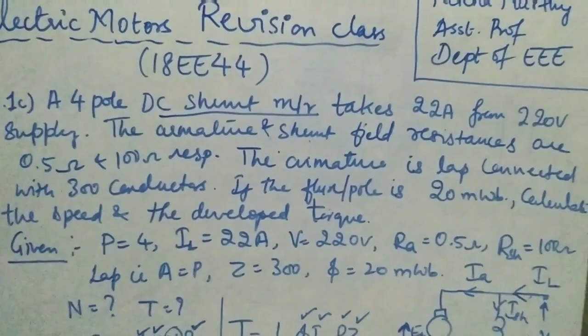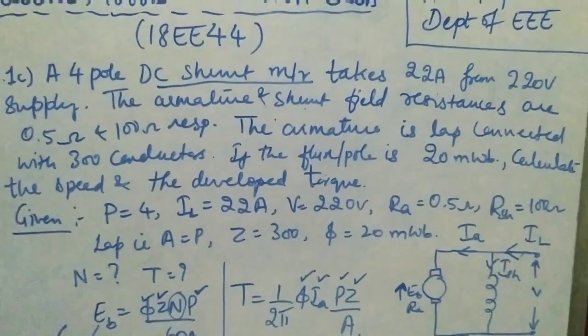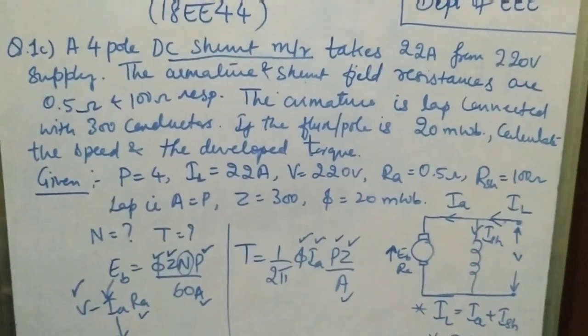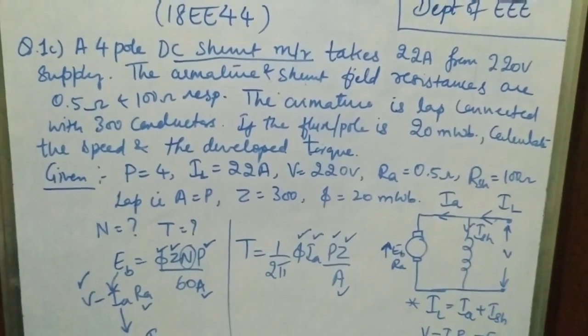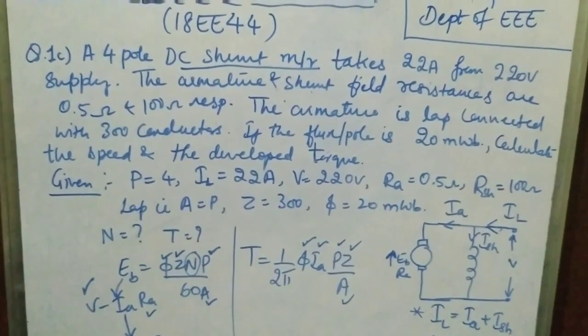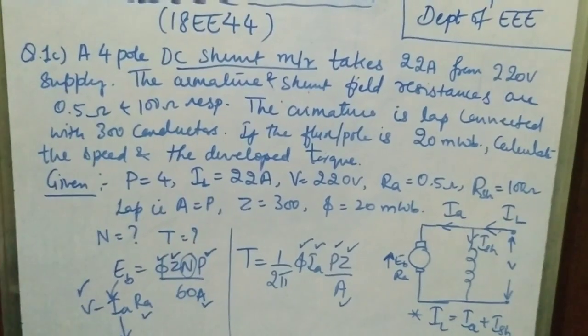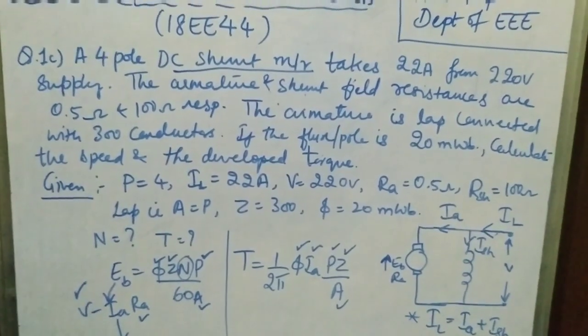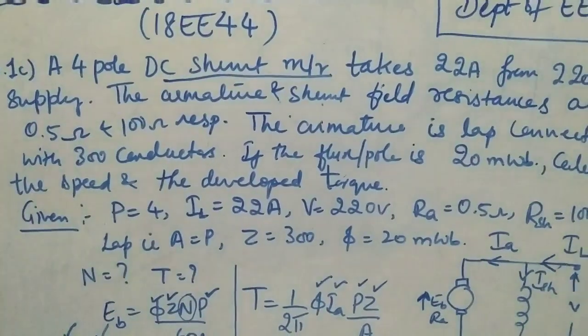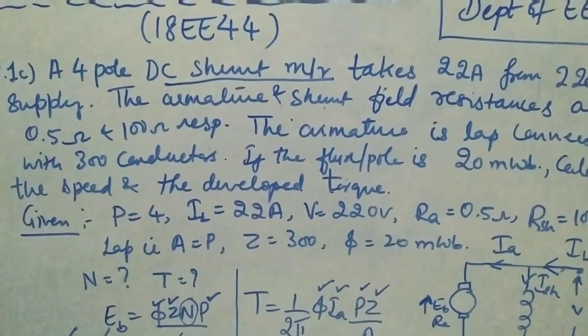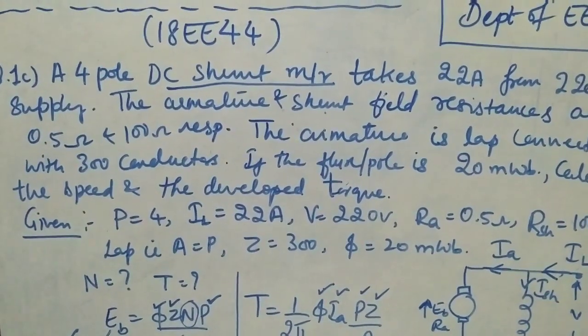Please check with these values after substituting the corresponding values. Speed you are going to get as 2101 RPM, and the torque will result in 18.9076 Newton meter. So this is how you can complete the first part of the question.